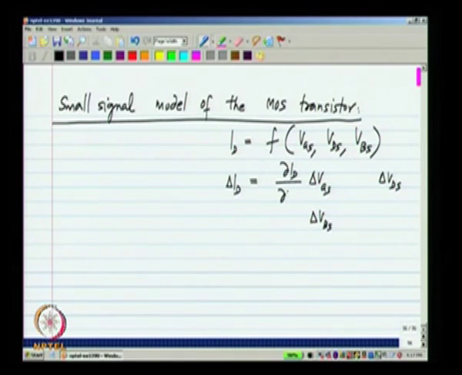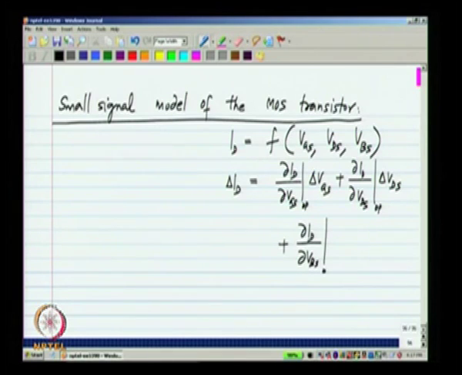So, delta ID will be partial derivative of ID with respect to VGS at the operating point times delta VGS plus partial derivative with respect to VDS again at the operating point, which is very important, times delta VDS plus partial derivative with respect to VBS times delta VBS. Okay.